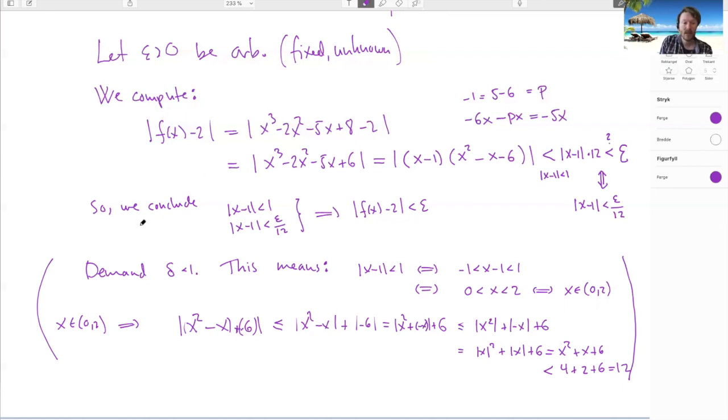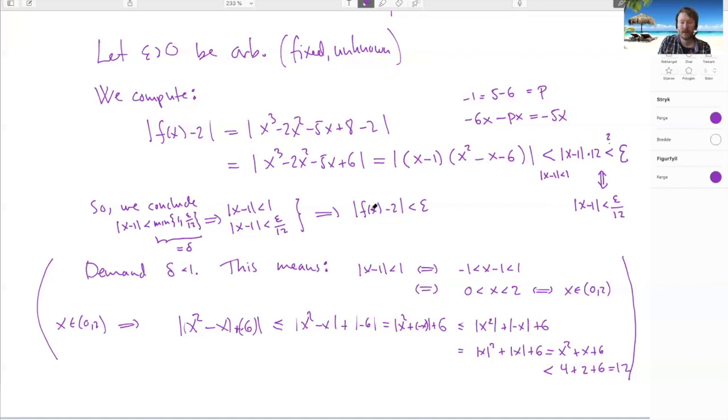So I can just say that if the absolute value of x minus 1 is less than the minimum of 1 and epsilon divided by 12, well, this implies that x minus 1 is smaller than both of them if it's smaller than the smallest, and we get this. And this expression here is our choice for delta, the minimum of these two conditions. And that's it. Now I've won.